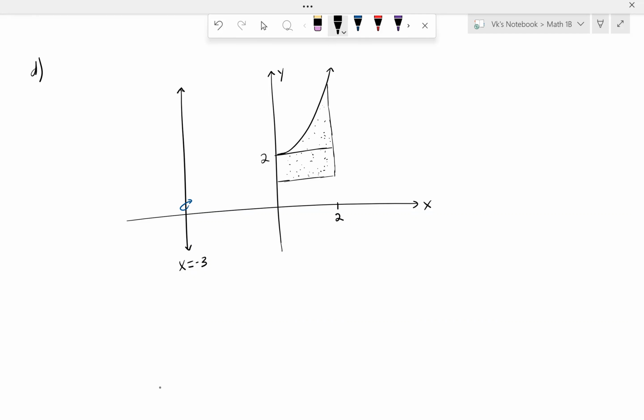So we're going to rotate the first region about the line x equals 3, which is going to give us a huge sample washer. Let's sketch our sample washer here. Okay, so this is the first sample washer.